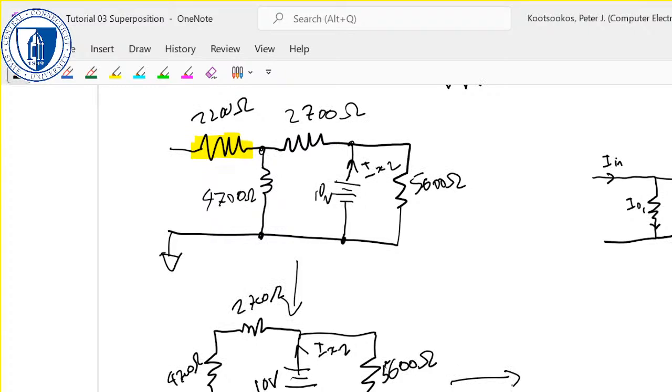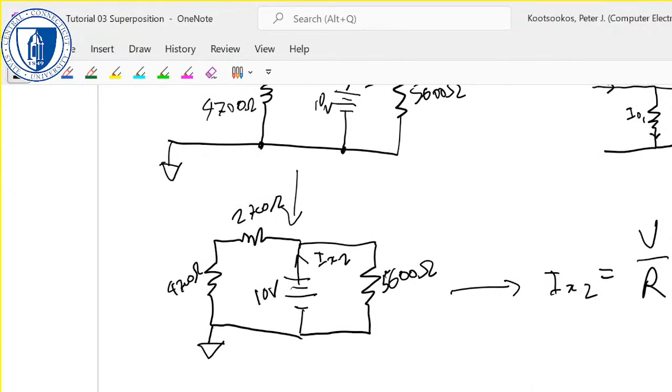We've got a, what's that? That's 7400. So another way to redraw this is, right, where this is the 2700, that's the 4700, that's the 5600, and that's our IX.